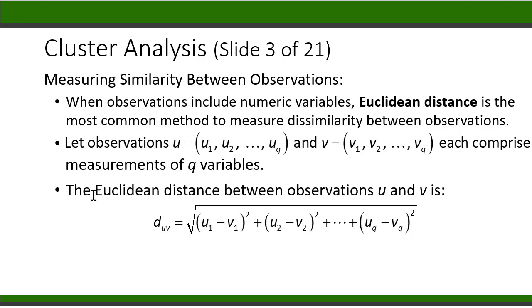So that Euclidean distance, the distance between observation U and V, is we take this U1 observation minus this V1 observation, we square that result. We sum all the results of the squared differences, and then we take the square root of that. Fairly easy to do.